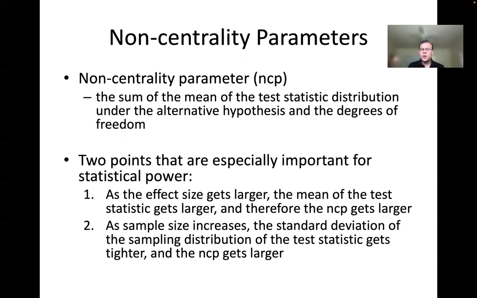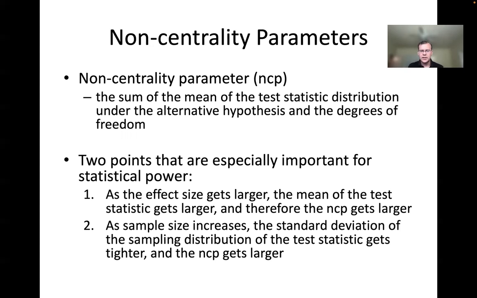There are two points that are especially important for calculating statistical power using non-centrality parameters. The first is, as the effect size gets larger, the mean of the test statistic distribution gets larger, and therefore the NCP gets larger. And as the NCP gets larger, we have more statistical power.